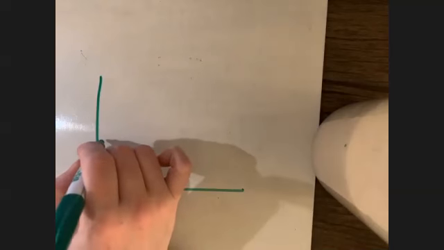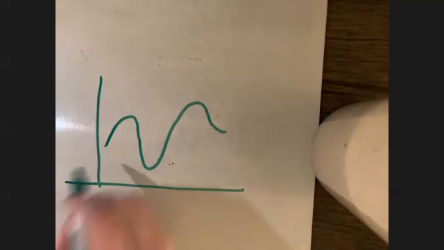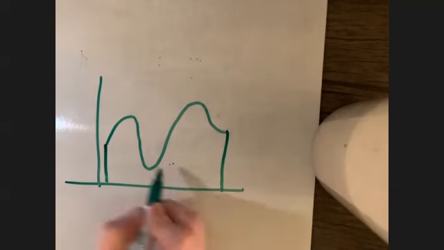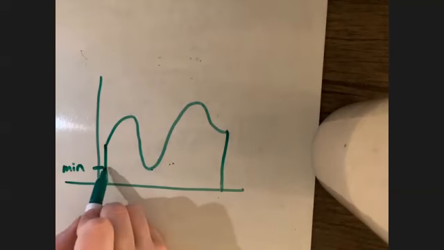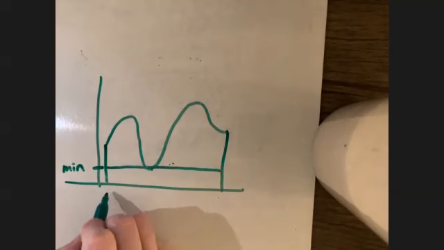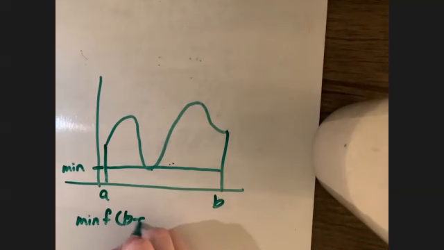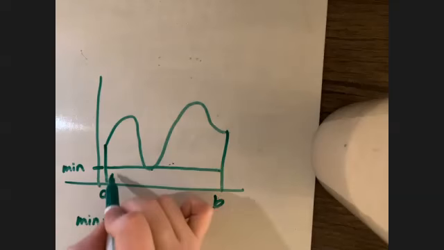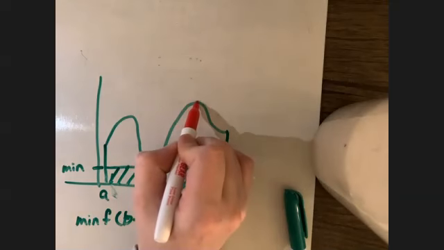Now the idea for that max-min one. Let's say this is our function, and we want to go from here to here. Now this is our min. If I take that height, and this is a to b, min of f times the interval is going to be that green part down there. Now this is our max up here.